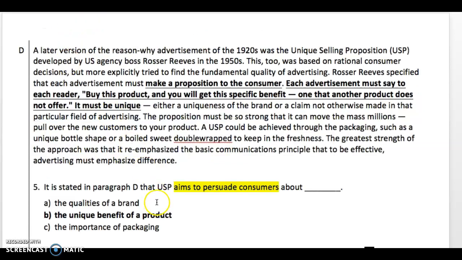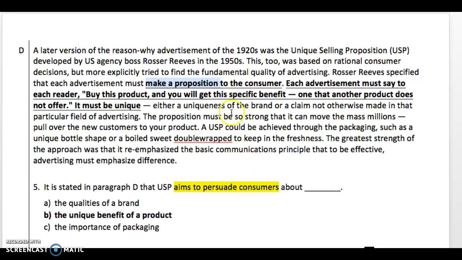In this question, the keyword is USP, so it's here, and you need to also find the word that means to persuade consumers. If you read, you see that make a proposition means or is similar in meaning to persuade, convince, or make believe.